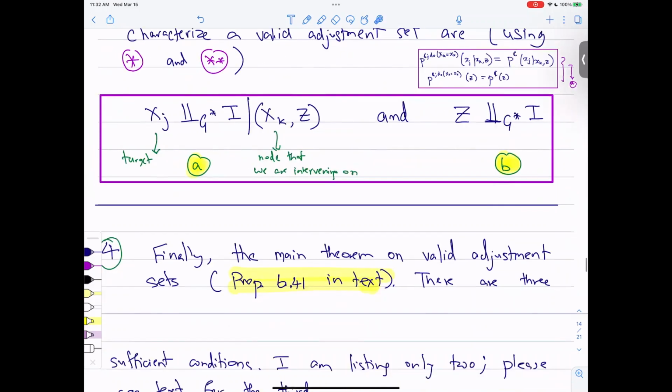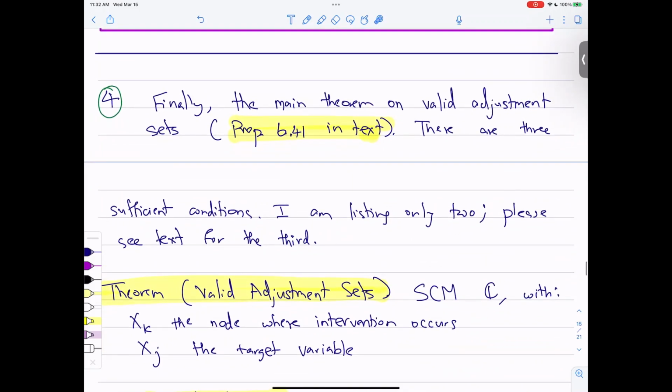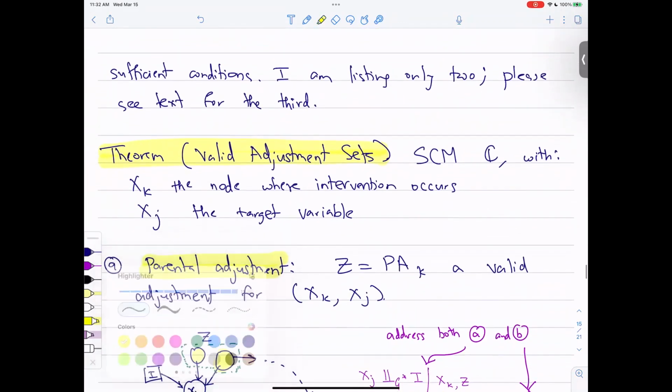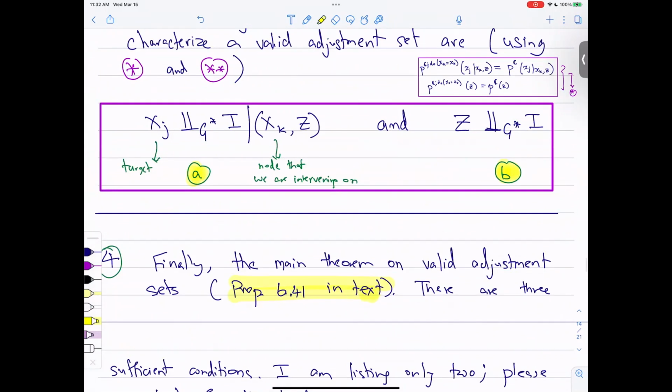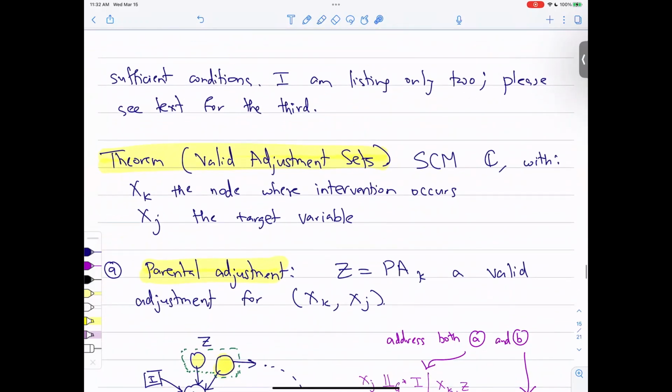Finally, the main theorem on valid adjustment sets. This is proposition 6.41 in the text. If I claim that something is a valid adjustment set, then I need to test for these two conditions. There are several others; I'm just listing two which are easy to discuss.